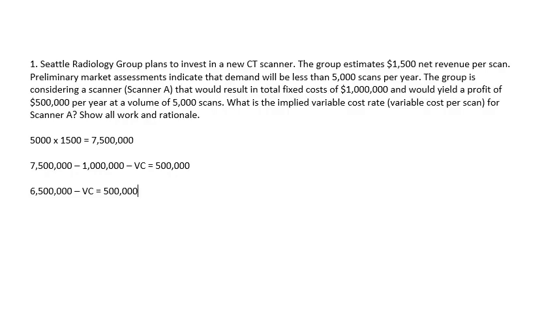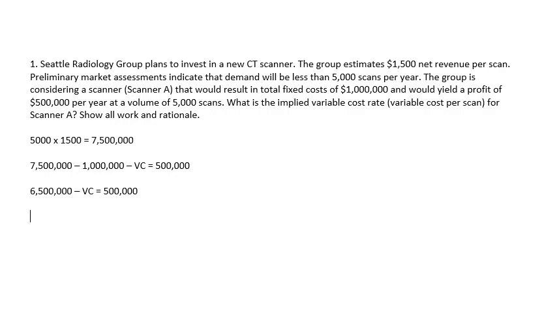Okay, so now probably pretty easy to see what the VC number would be. I mean, you could subtract and do all that, but obviously VC, the variable cost, is going to be $6 million.